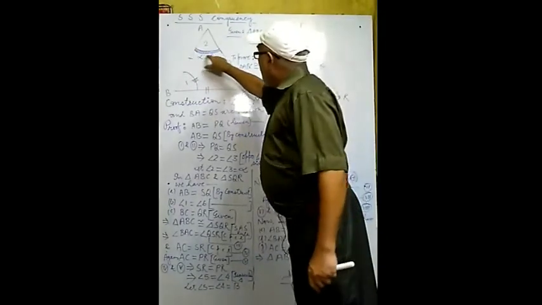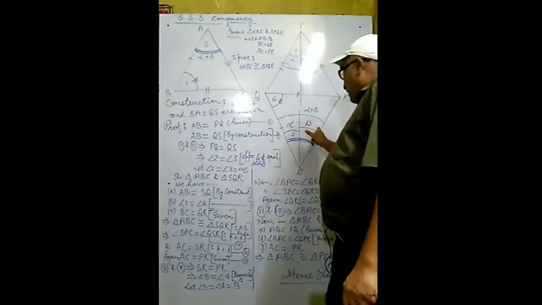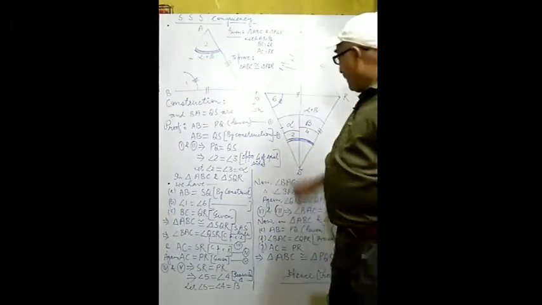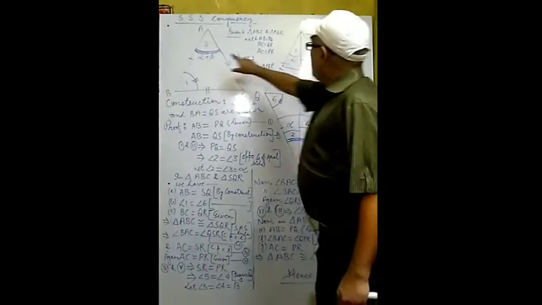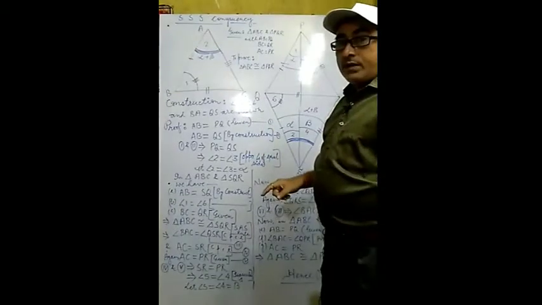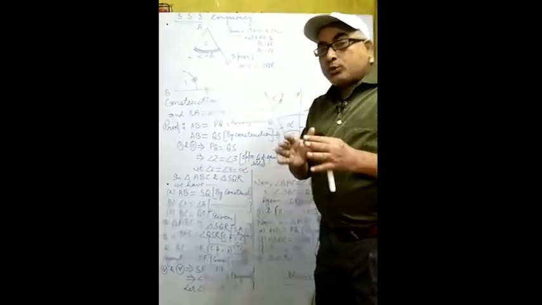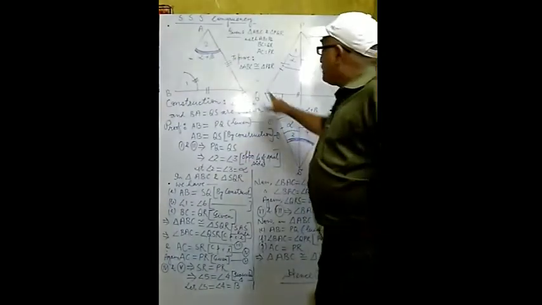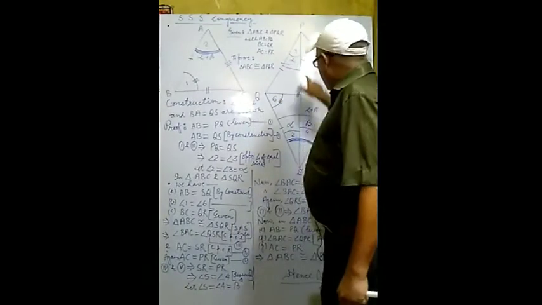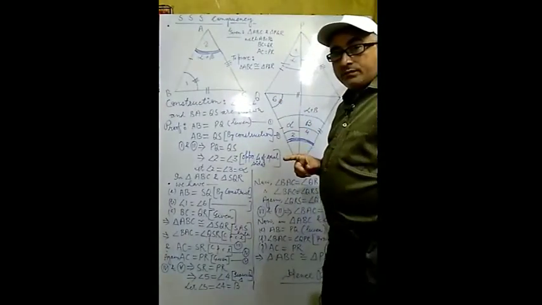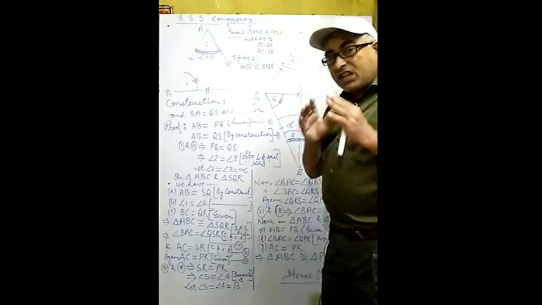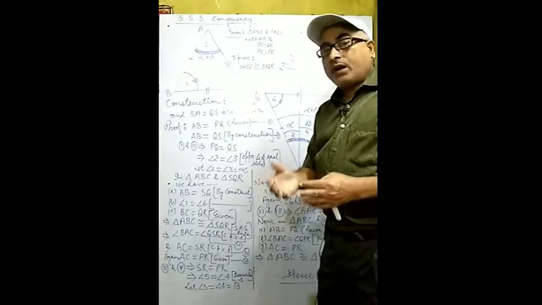Again, this complete angle is equal to this complete angle. What relation between this angle and this one is there? Since both are equal to the same thing, this one equals this one and this one also equals this one. What relation will be there? Things which are equal to the same thing are equal.